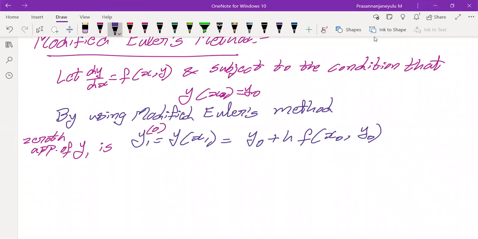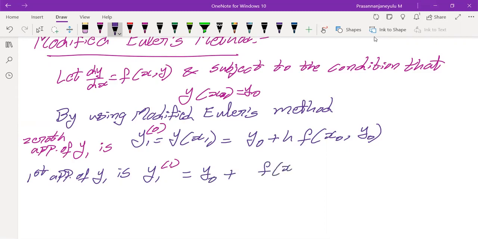Then we take the first approximation of y1. It will be like this: y1 with power 1 in brackets equals y naught plus, I'm going to take the same f of x naught comma y naught, and one more, f of x1 comma the 0th approximation of y1.